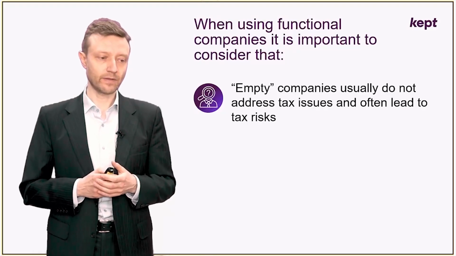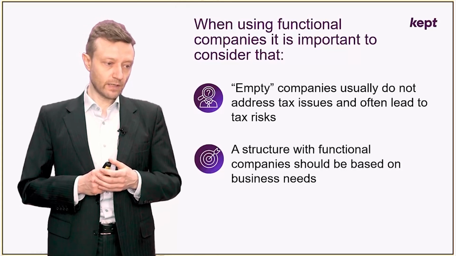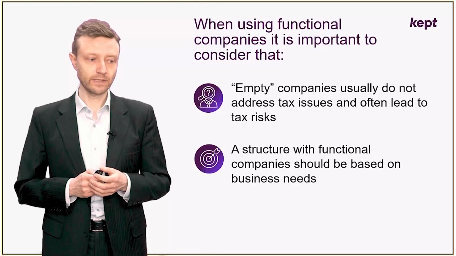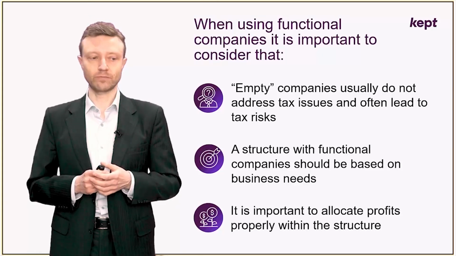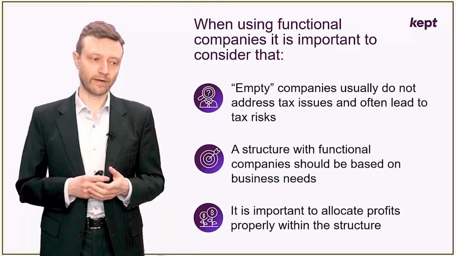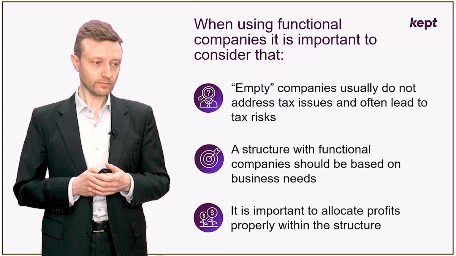It is in the past, so empty companies usually do not address tax risk. They can create risks. This is why a structure with functional companies should be based on specific business needs. And it's important to allocate profits properly within such a structure between functional companies and various other entities in the given business.